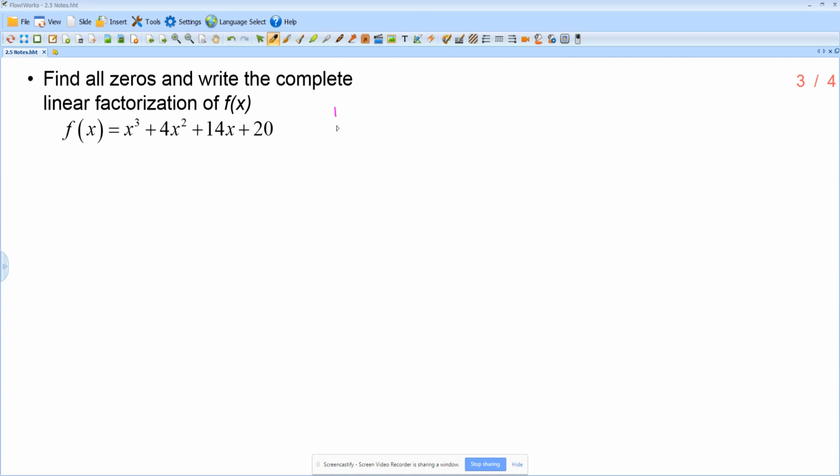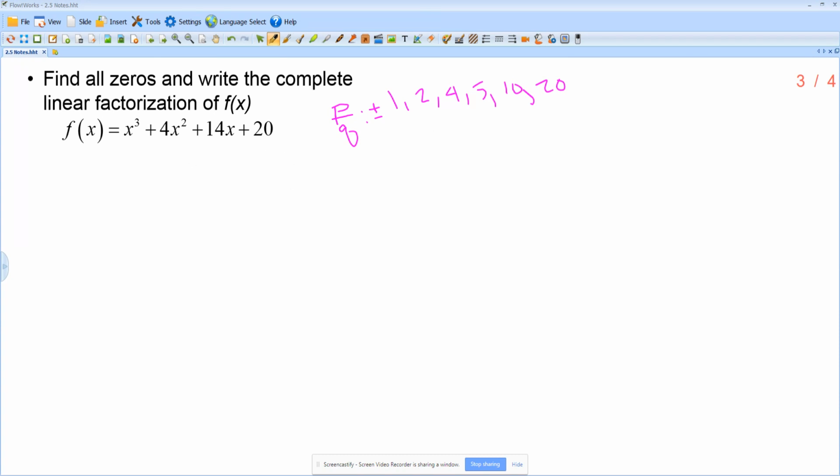So what we have to do is the possible rational zeros test, where we're going to say we have plus or minus all the factors of 20. So 1, 2, 4, 5, 10, and 20 over all the factors of the lead term, which is just 1. So here I have 1, 2, 3, 4, 5, 6, and the positive and negative. So there are 12 different things to guess synthetic division by.